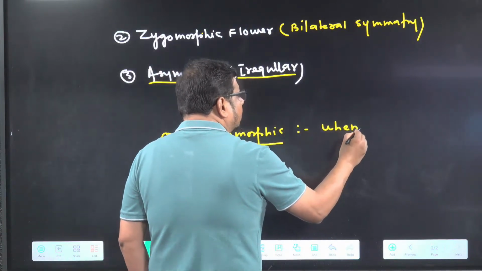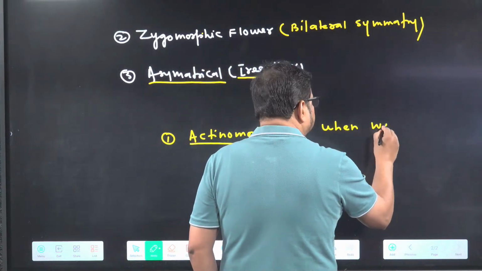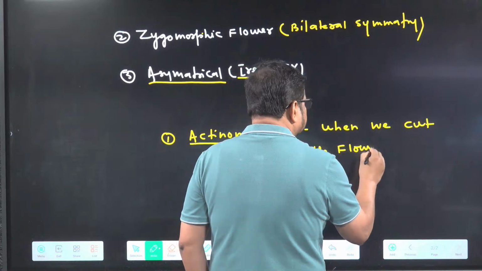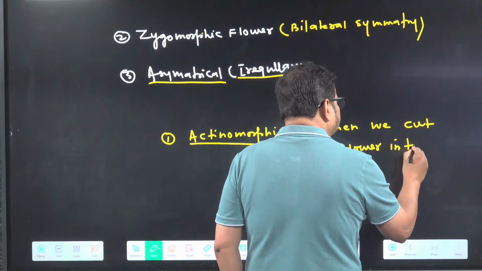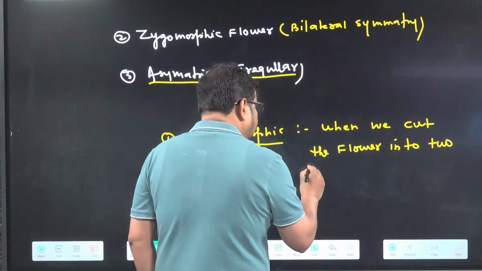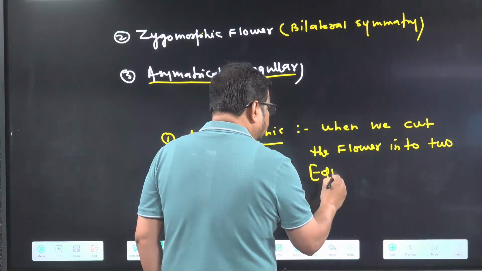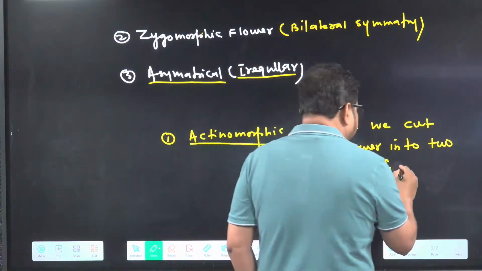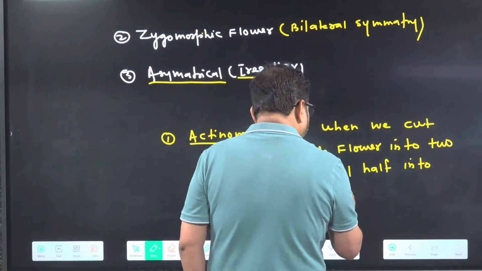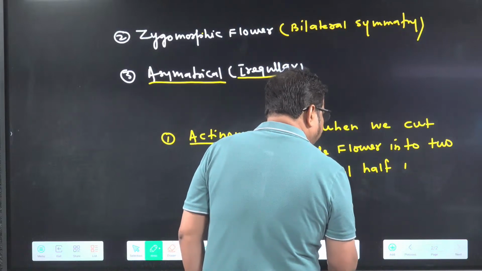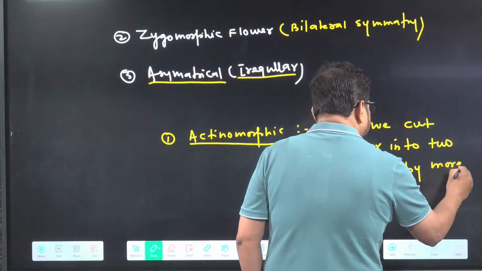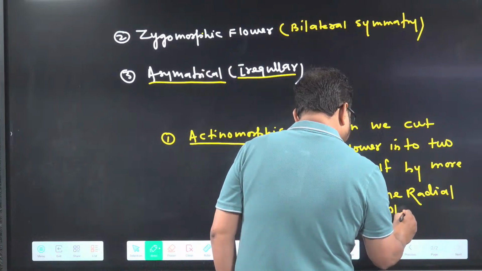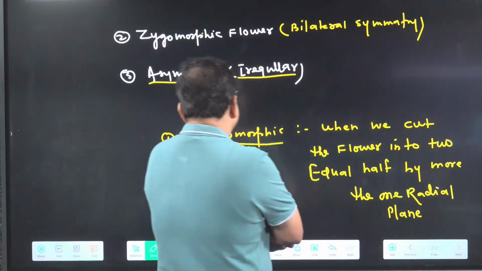When we cut the flower into two equal halves by more than one radial plane, it is called which one? Actinomorphic flower.